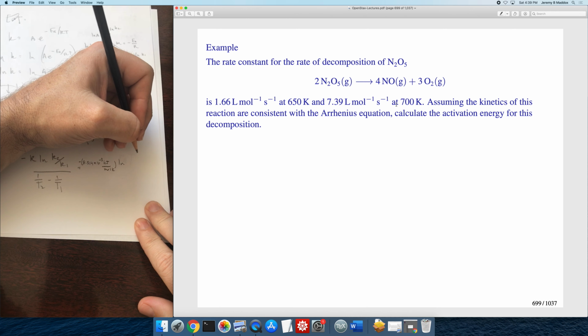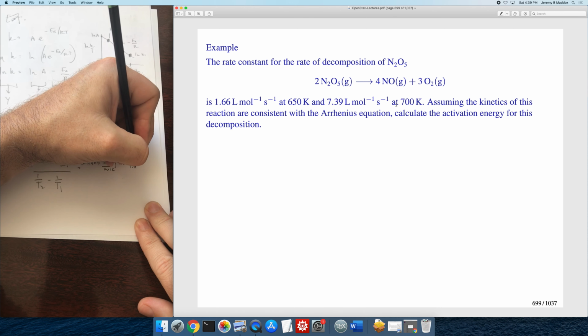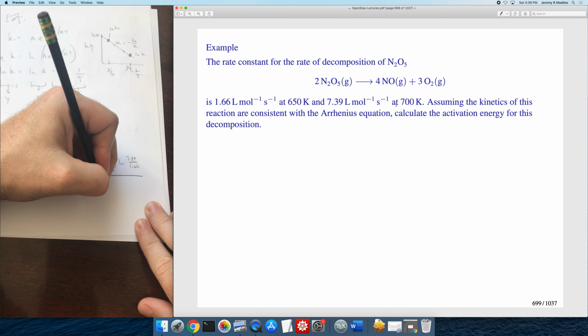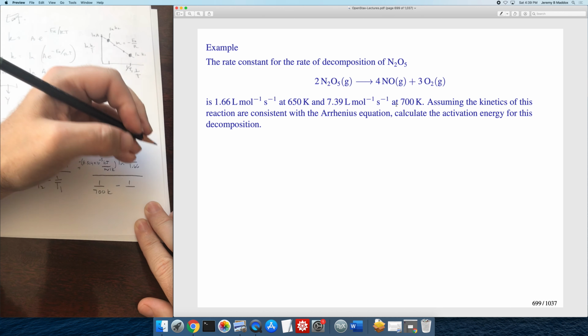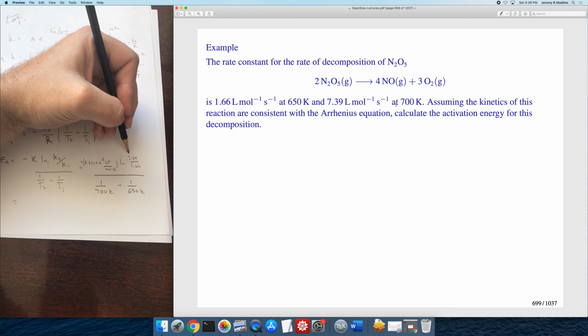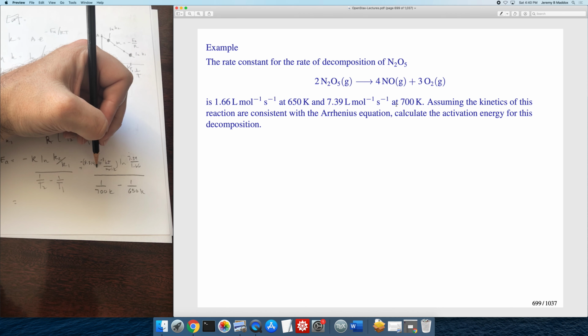So it's going to be 7.39 divided by 1.66, divided by 1 over T2, 1 over 700 Kelvin, minus 1 over 650 Kelvin. Right, starting here with the natural log of 7.39 divided by 1.66, times 8.314 times 10 to the negative 3. Make that negative, divided by quantity, 1 divided by 700 minus 1 divided by 650, close quantity.